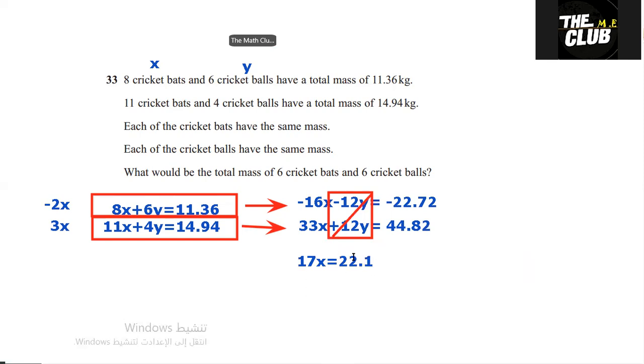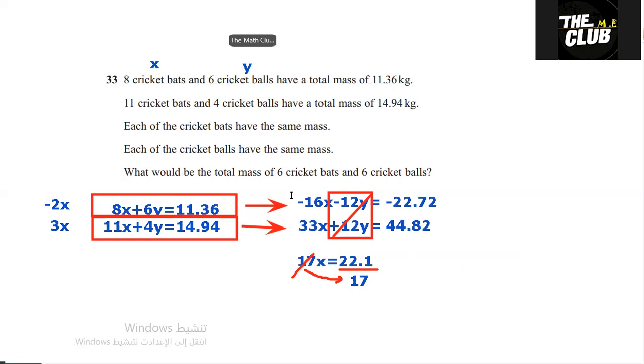So 17x equals 22.1. Now I'm going to take the 17 to the other part by dividing. I'm going to divide the whole equation by 17, like this. So 22.1 divided by 17.